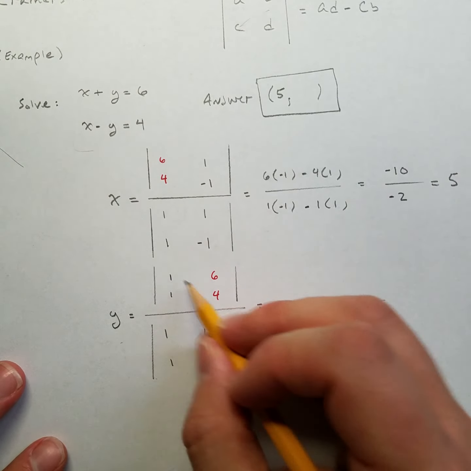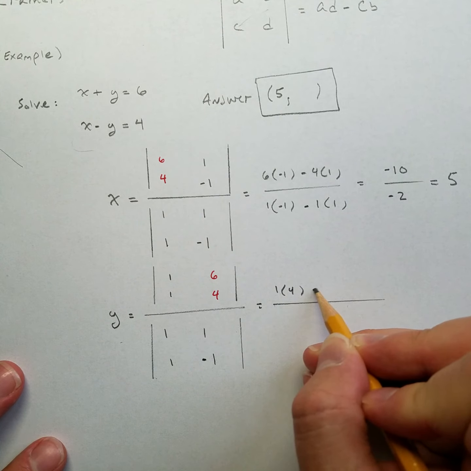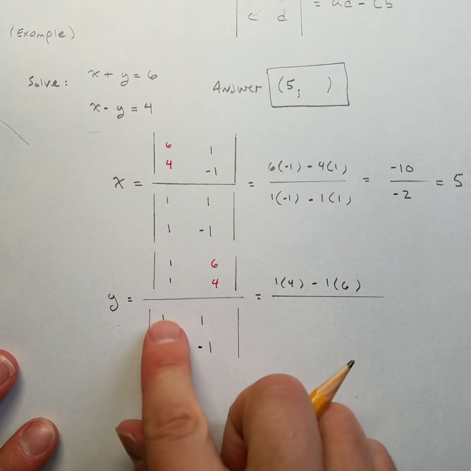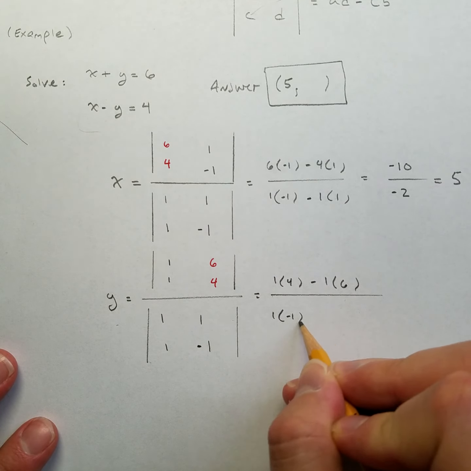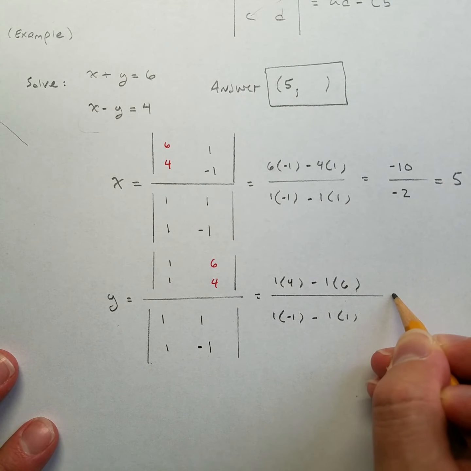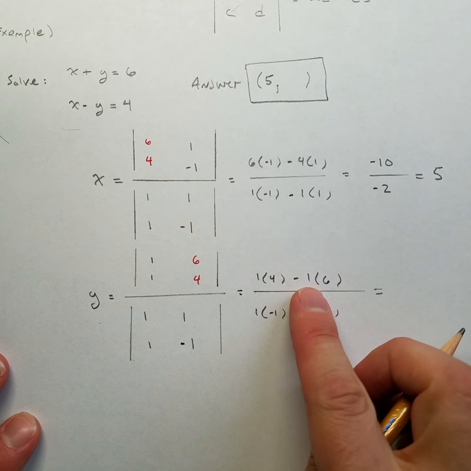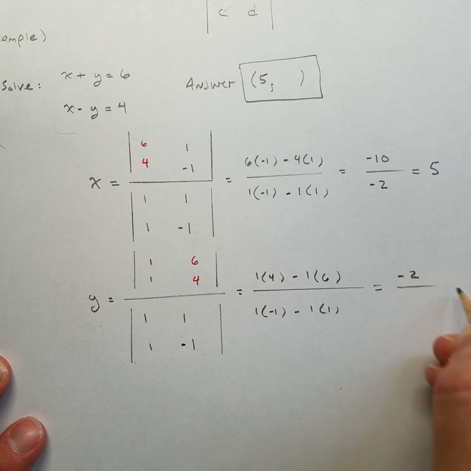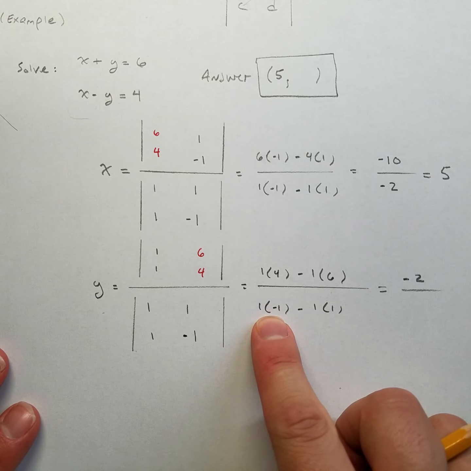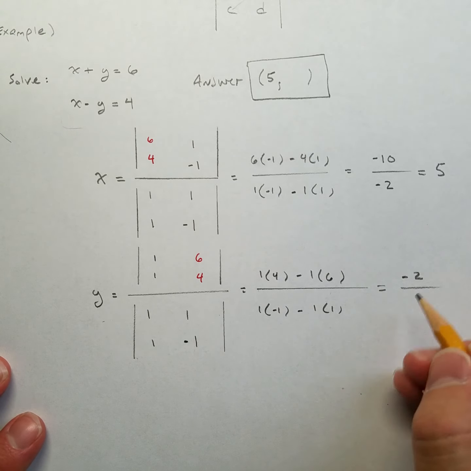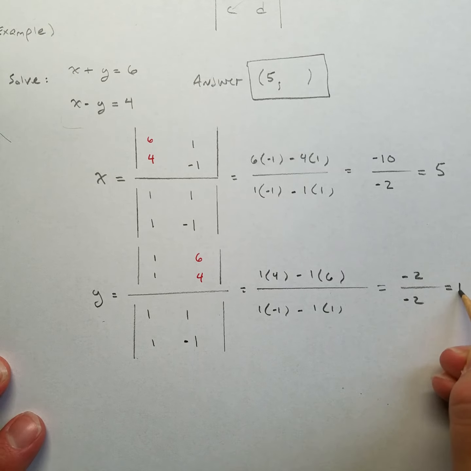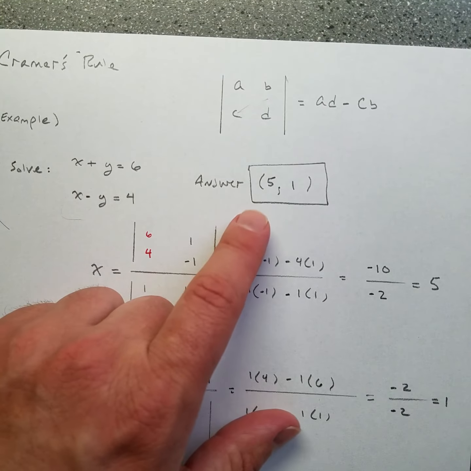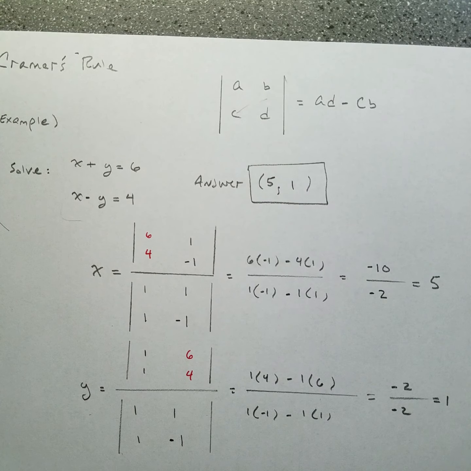So I'm going to get a 1 times 4 minus a 1 times a 6. And then I'm going to get a 1 times a negative 1 minus a 1 times a 1. Okay, and that's going to be 4 minus 6, which is negative 2. And that's going to be negative 1 minus 1, which is also negative 2, which is 1. Okay, so 1. Should be that x is 5 and y is 1.